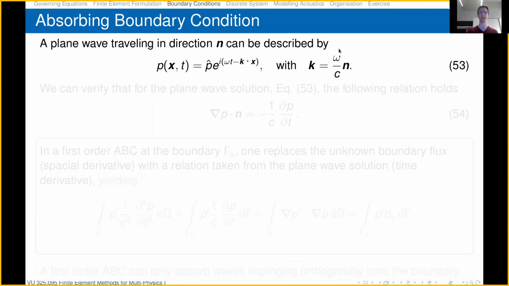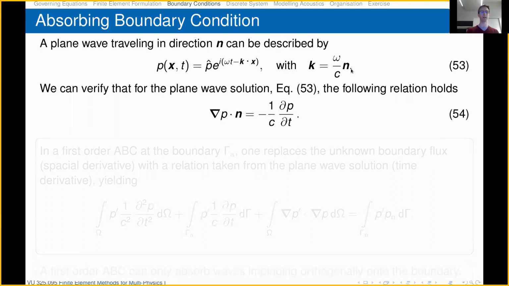So the wave vector has the length of the wave number omega over c, where omega is the angular frequency of the wave, and n is the propagation direction. This n is not chosen arbitrarily. Actually, this should be the normal vector of the boundary. In this sense, we will be using this condition later.